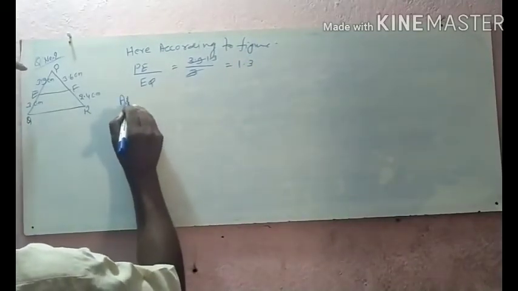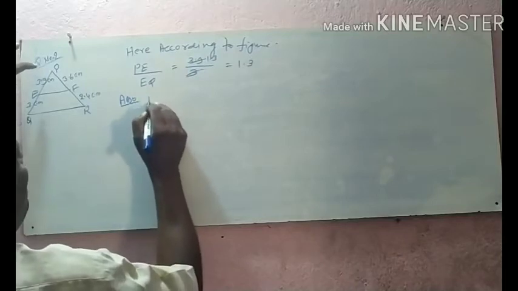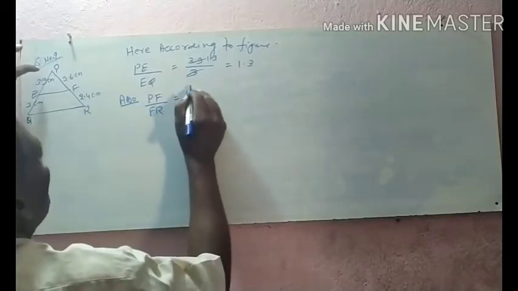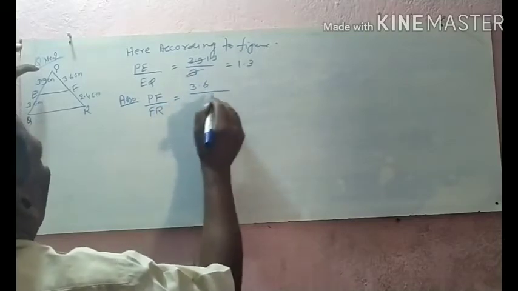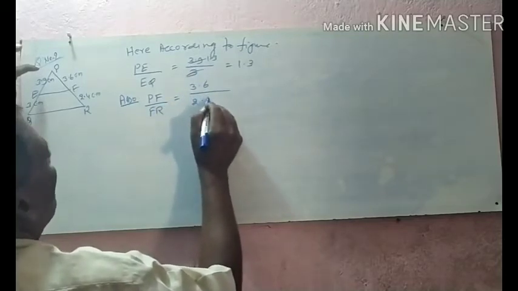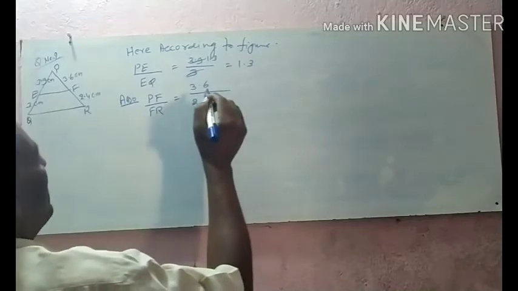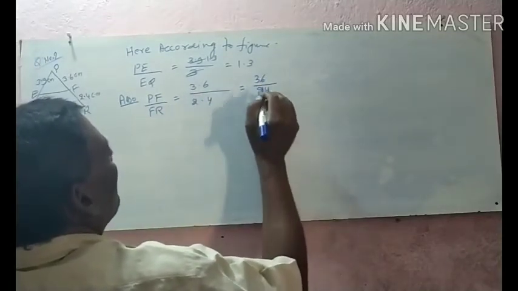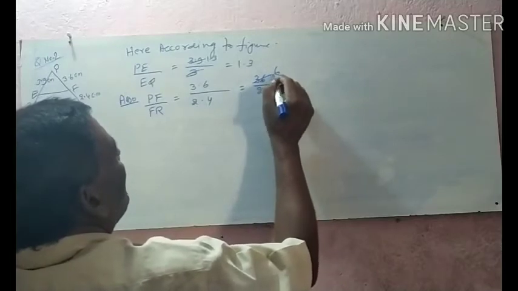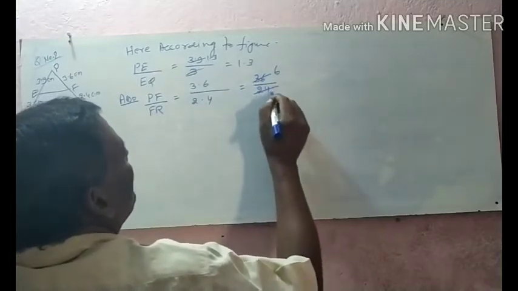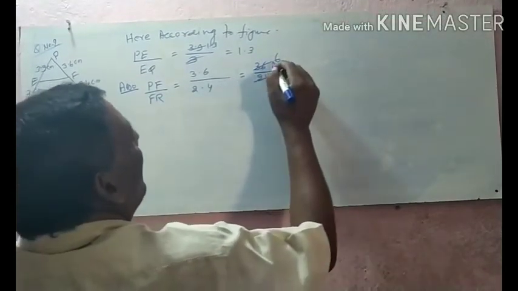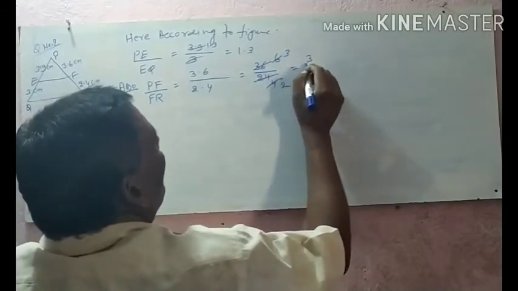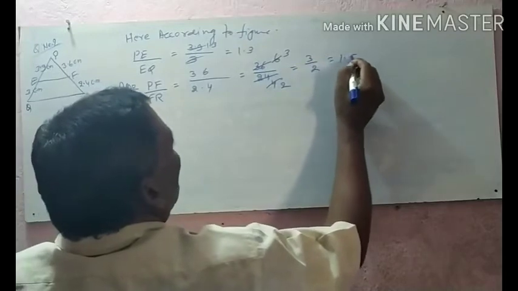Also, PF by FR is equal to 3.6 by 2.4. That means 3.6 by 2.4. 6 6s are 36, 6 4s are 24. 2 3s are 6, 2 2s are 4. That is 3 by 2. That is 1.5.